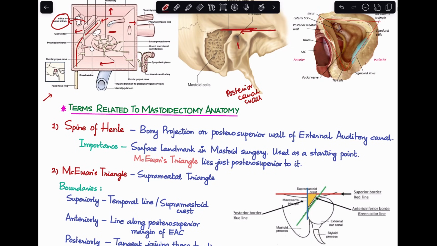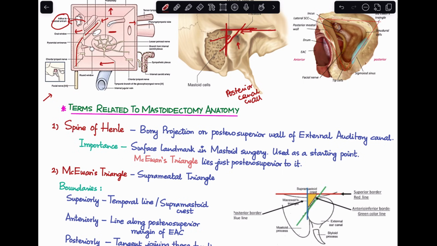And the third line is a tangent joining these two lines. The triangle we have formed here is known as McEwen's triangle, also known as the suprameatal triangle.